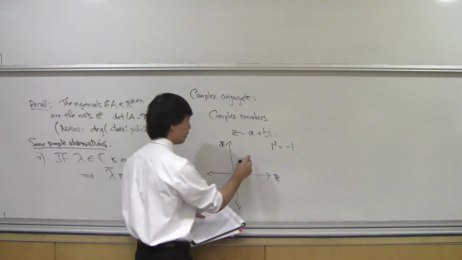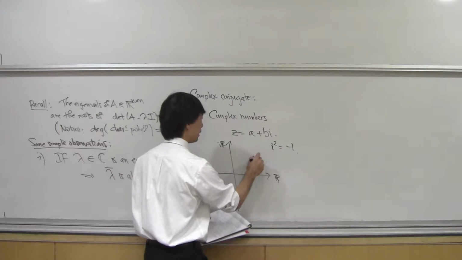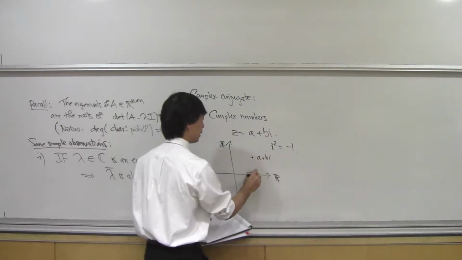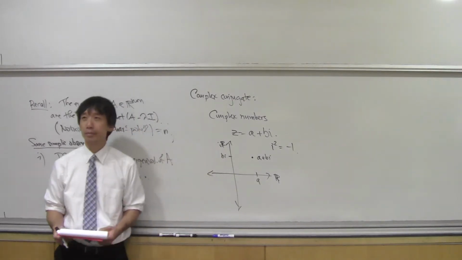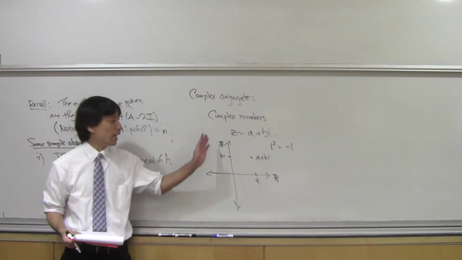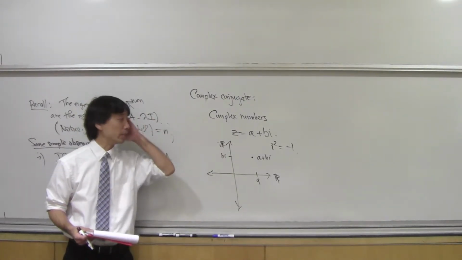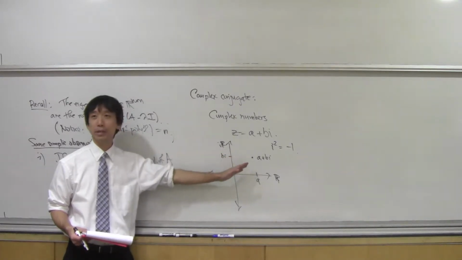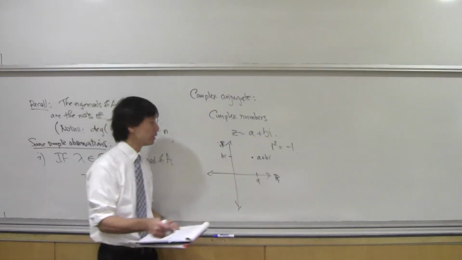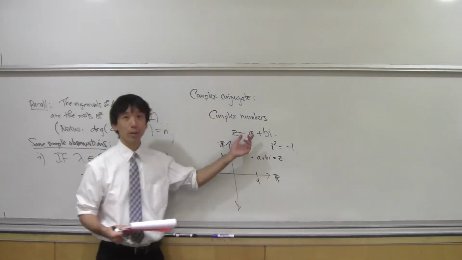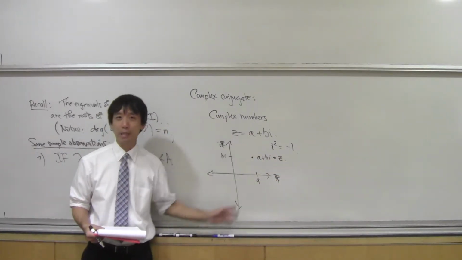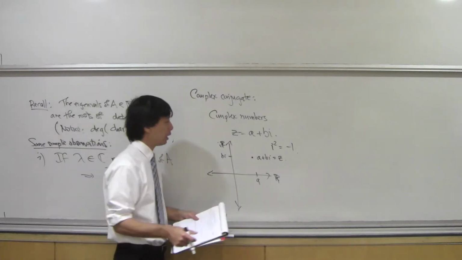So this would be a plus bi. Here's a, and here's bi. You use the y-axis to represent the imaginary part. If you want to draw your complex numbers, you can draw them on the complex plane.